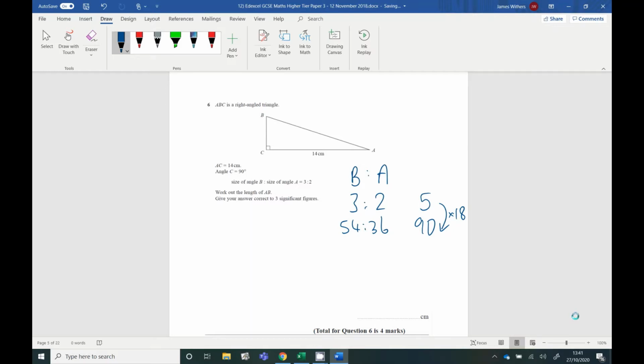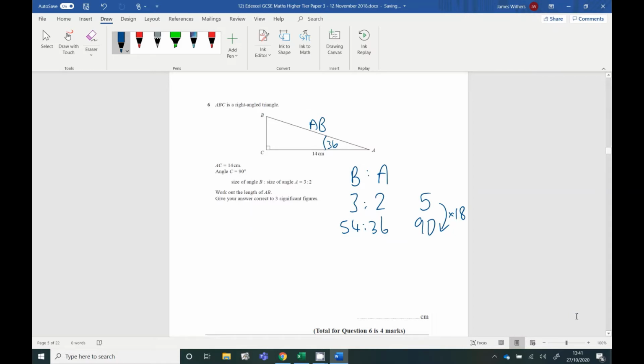It doesn't really matter which way round we do this. We're just going to have to do SOHCAHTOA to work out the length AB. Let's use angle A, shall we? So let's pop the 36 in here. AC is my adjacent side, AB is my hypotenuse. So adjacent over hypotenuse is cosine.